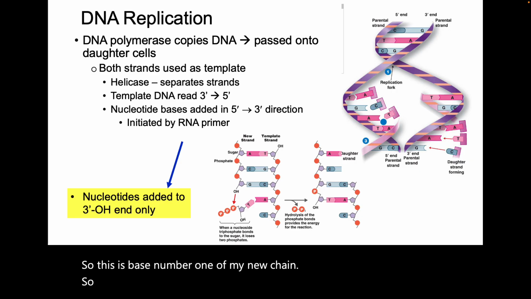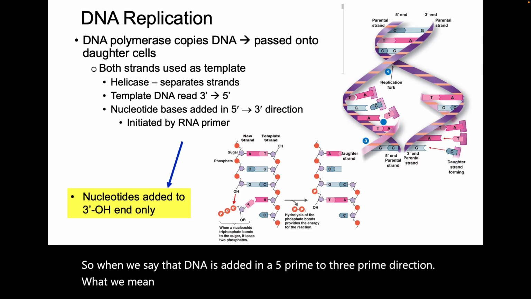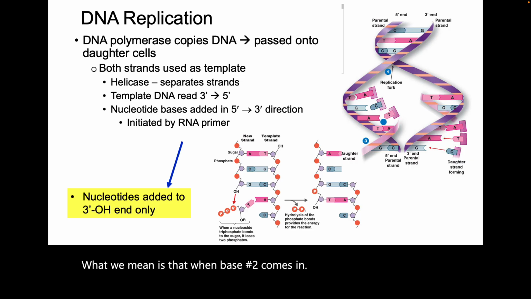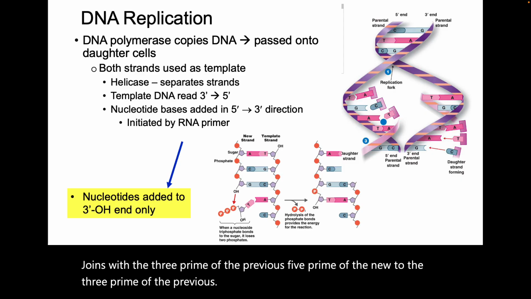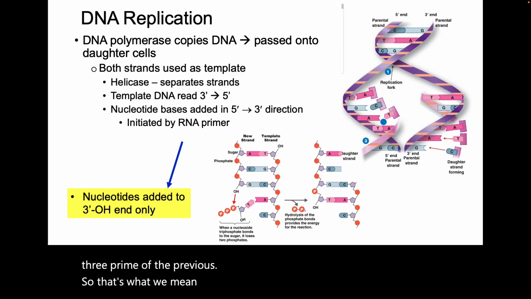So when we say that DNA is added in a 5' to 3' direction, what we mean is that when base number 2 comes in, this 5' end of the new base joins with the 3' of the previous. 5' of the new to the 3' of the previous. So that's what we mean when we say 5' to 3' direction.